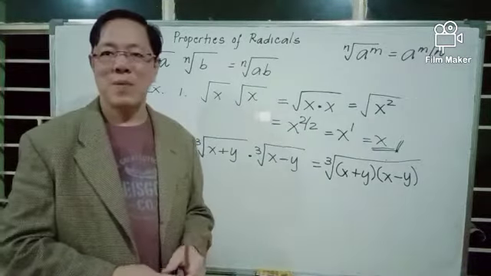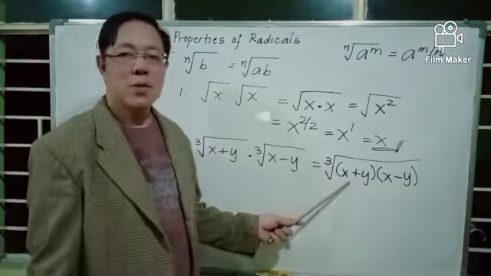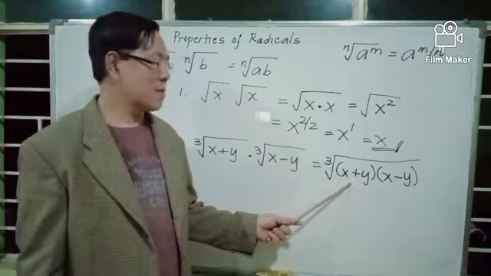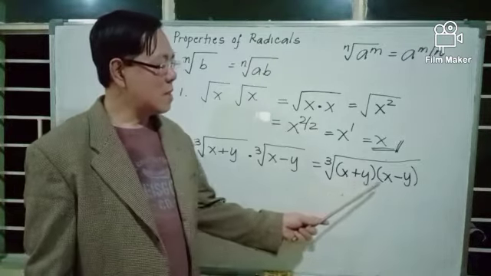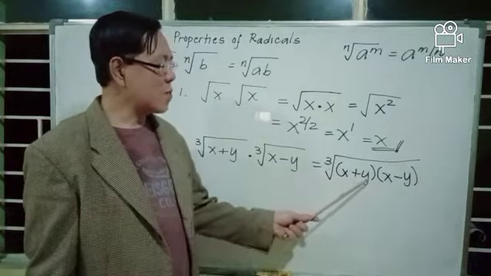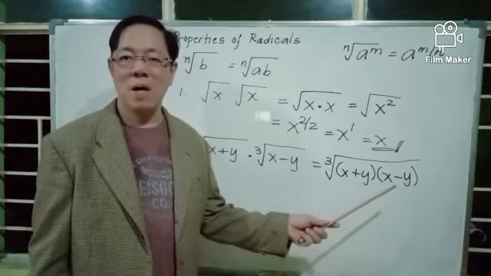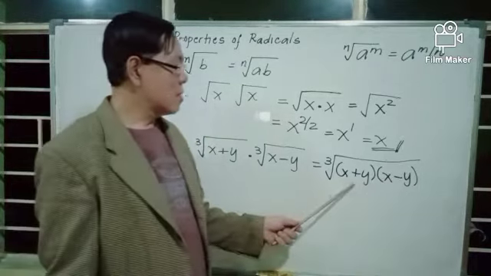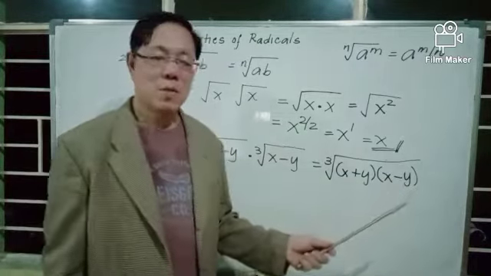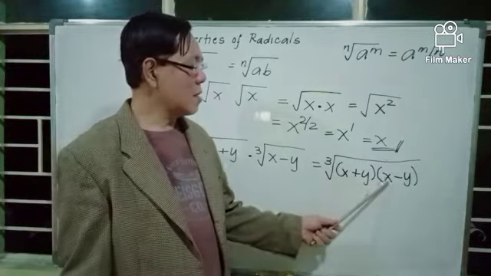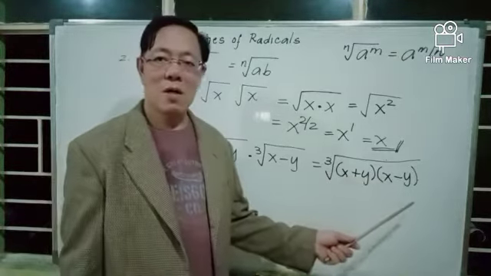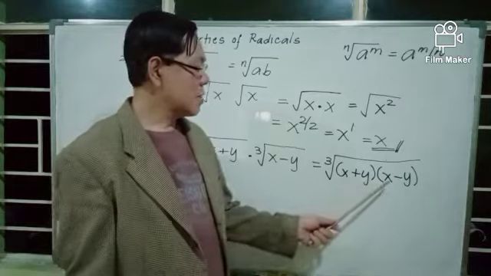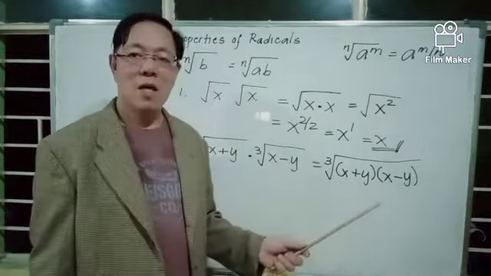Now, if you can simplify the radicand, you do simplify it. And in the radicand, we have the product of x plus y and x minus y, or the product of the sum and difference of two terms. The first terms in the two binomials are the same. The second terms in the two binomials are the same.